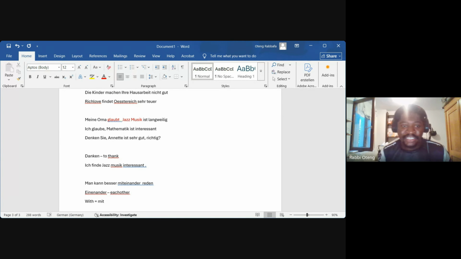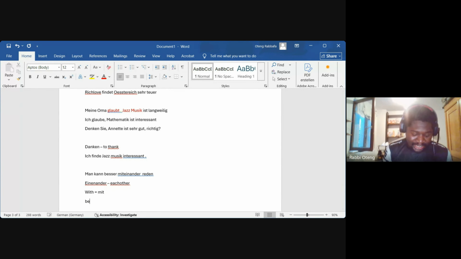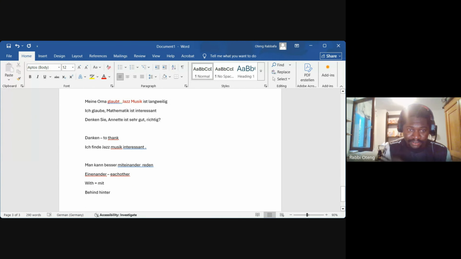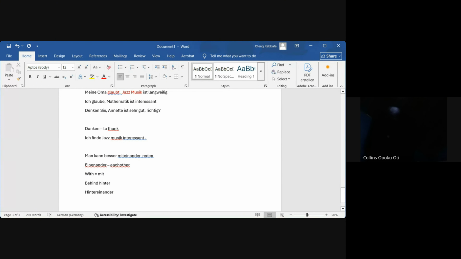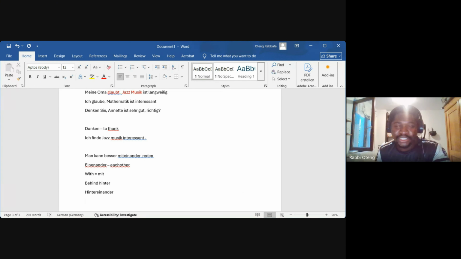If you are standing behind each other, one after the other, behind is hinter, so hinteinander. You just use the preposition with einander, so it means one with each other.